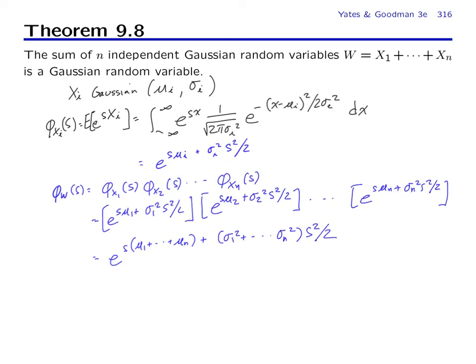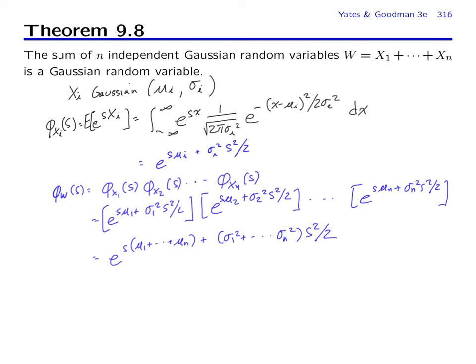And once again, we see what we expected to see. We see that W has the moment generating function of a Gaussian random variable. This form is exactly the same as this form, but the expected value is mu 1 plus mu 2, the sum of the mu i's, and the variance is the sum of the sigma i squareds.